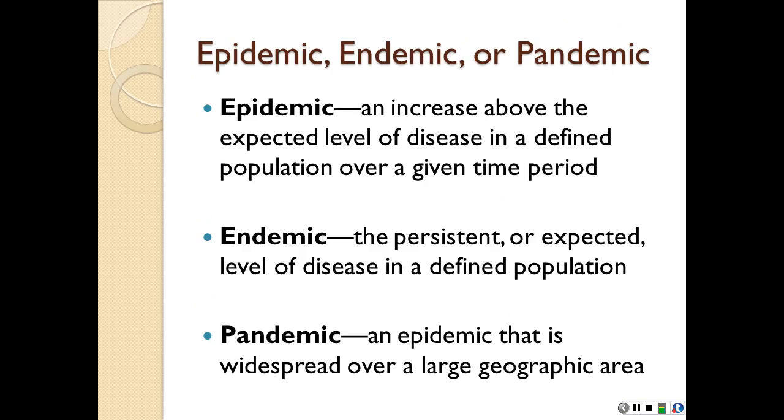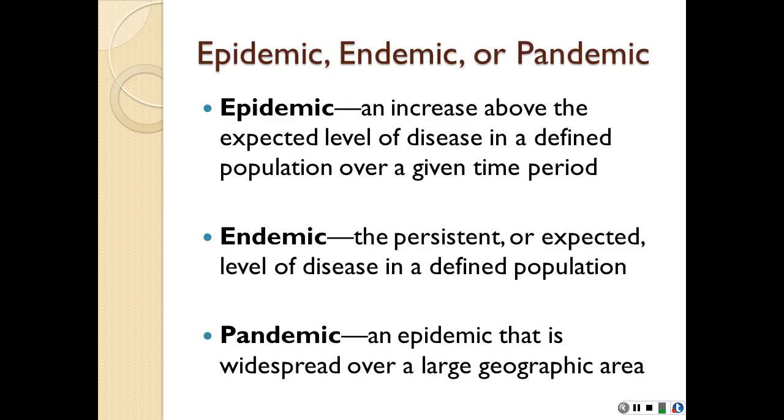Let's talk about why surveillance is so important. To do that, we really have to talk about the difference between endemic, epidemic, and pandemic. Epidemic is simply an increase above the expected level of disease, whereas endemic is the expected level of disease. So endemic refers to the base rate of disease in a given area.